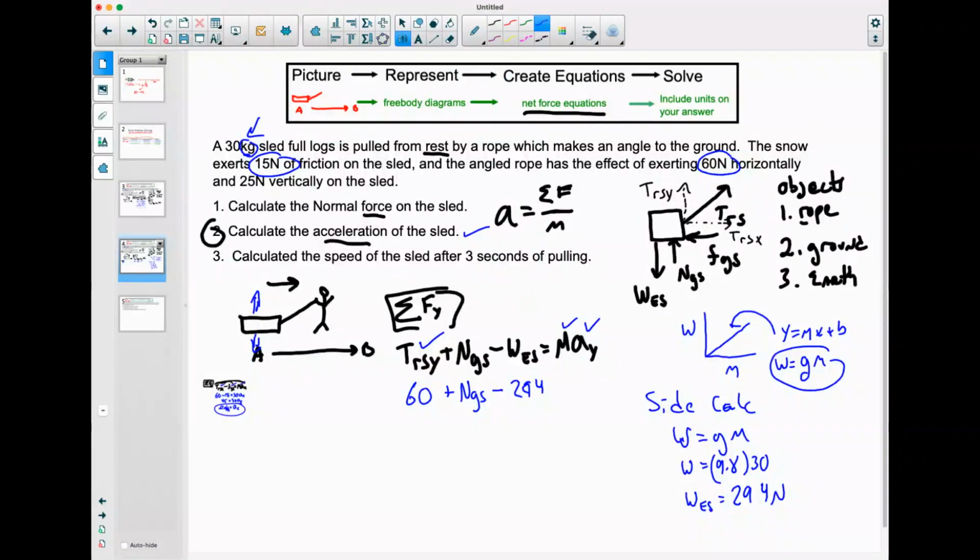And then that should be equal to 30 kilograms times the acceleration vertically, which is 0. All right, so that means we have only one unknown, and it's just a question of solving for it. Normal force, ground on sled, and that should equal 234 newtons.